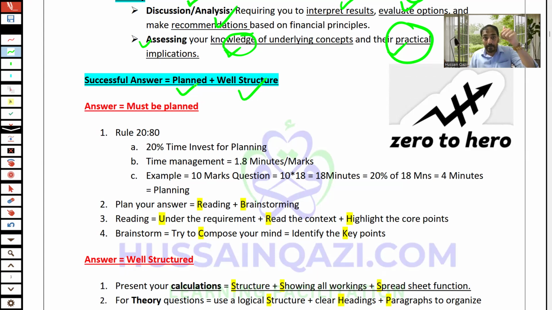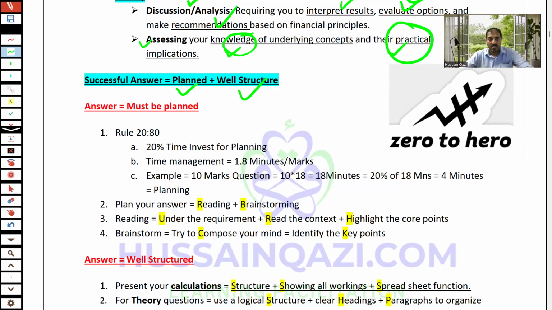Your answer must be planned and must be well structured. If you want to become a hero, drill this point into your brain. Planned and well structured. What is the meaning of planning and structure?